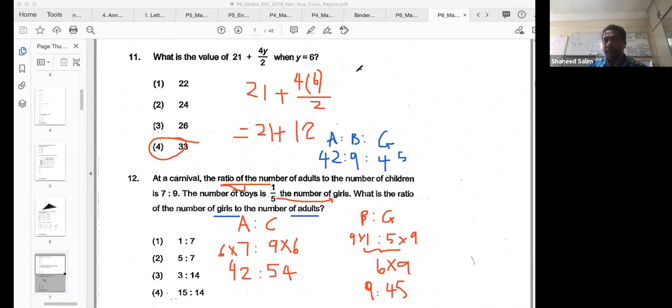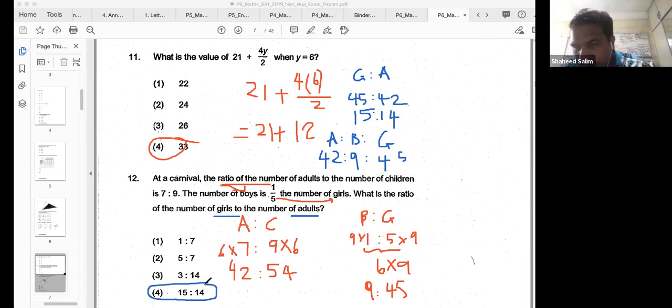Girls is 45. Girls to adults, 45 to 42. I will now divide it by what? Both of them can divide by 3, I think. You divide it by 3, you get 15. Divide by 3, you get 14. So can you see the answer is 15 is to 14.